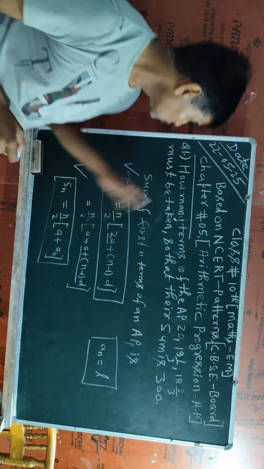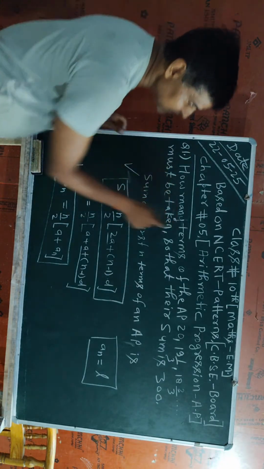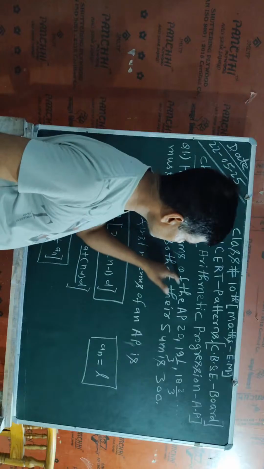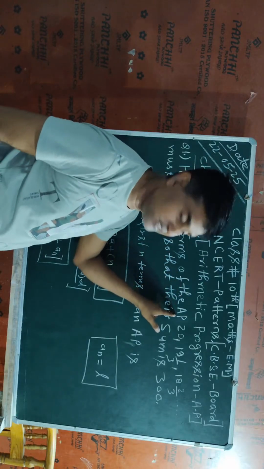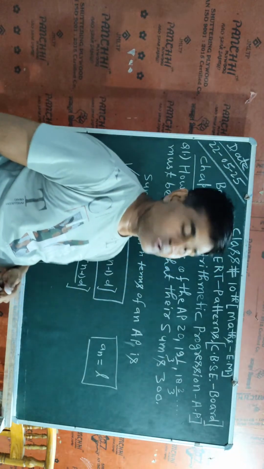Okay, student. So further you listen carefully, positively. How many terms of the AP, arithmetic progression? We have to get the value of n.